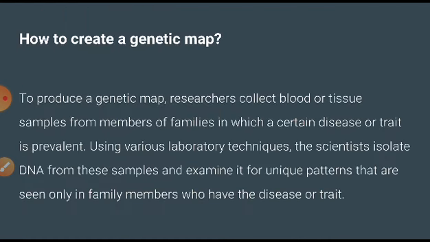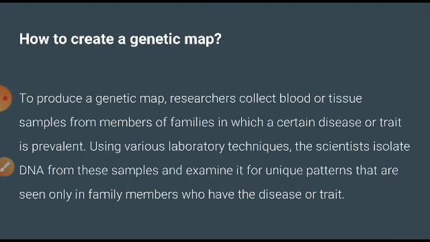How to create a genetic map? To produce a genetic map, researchers collect blood or tissue samples from members of families in which a certain disease or trait is prevalent. Using various laboratory techniques, the scientists isolate DNA from these samples and examine it for unique patterns that are seen only in family members who have the disease or trait. Now you can understand the process.